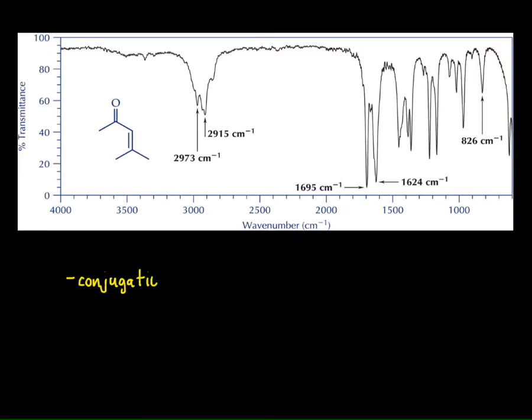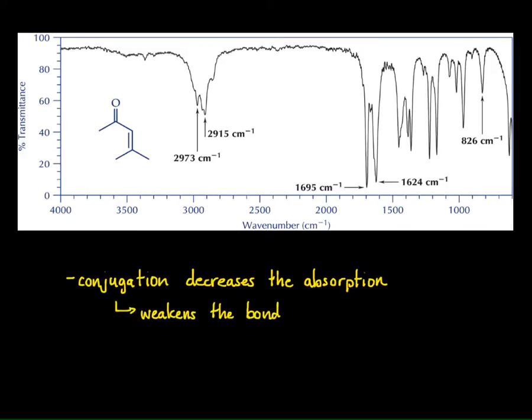So in general, conjugation decreases absorption frequency because you're weakening the bond, and therefore it requires less energy to get it to stretch. So we go from 1719 down to 1695.